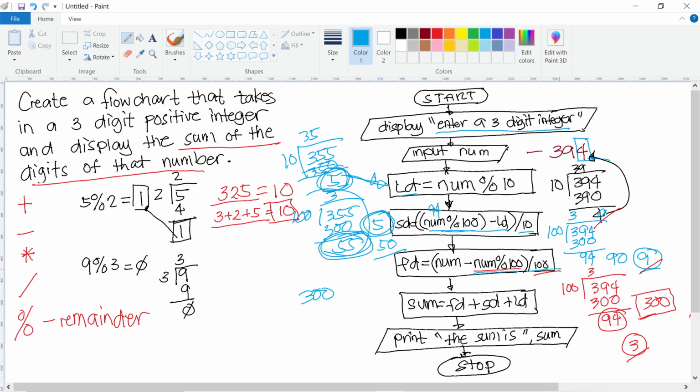Divided by 100, we are going to get 3 for FD. And when we add the values FD, SD, and LD, that is 3, 5, and 5, sum will have a value of 13. And we are going to print the sum is 13. And that ends our flowchart for today. Thank you for listening.